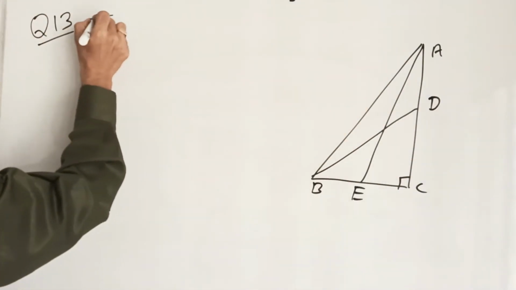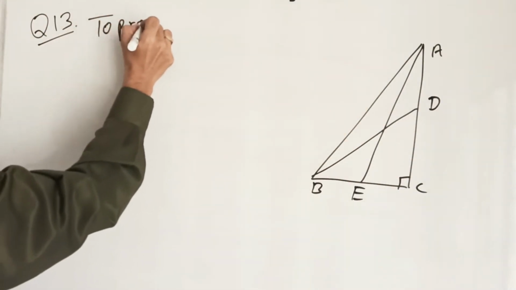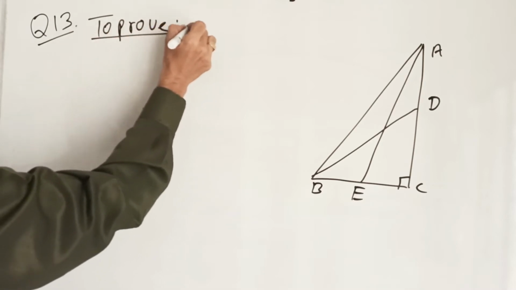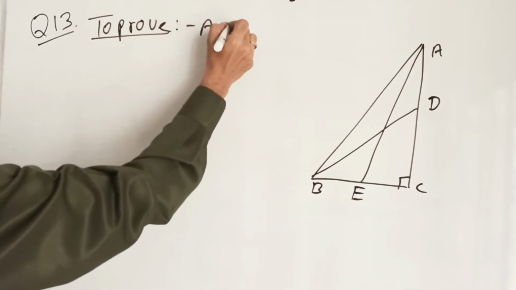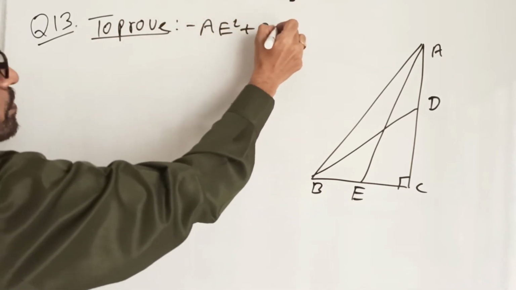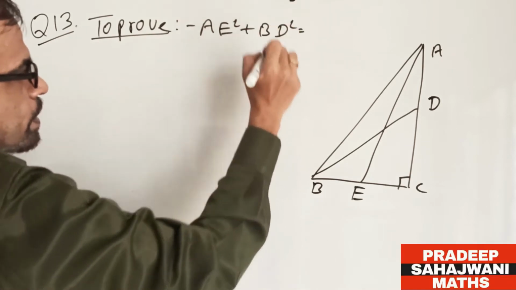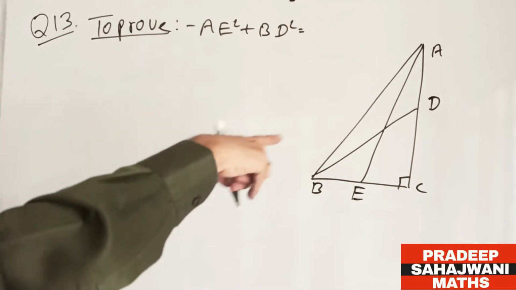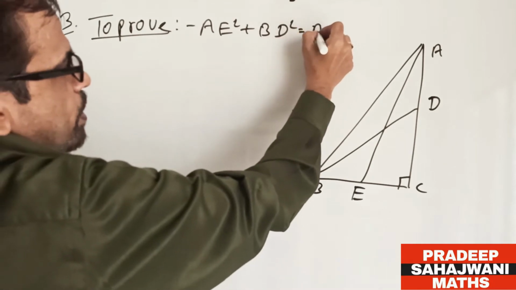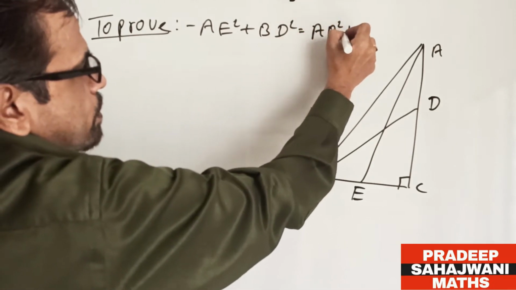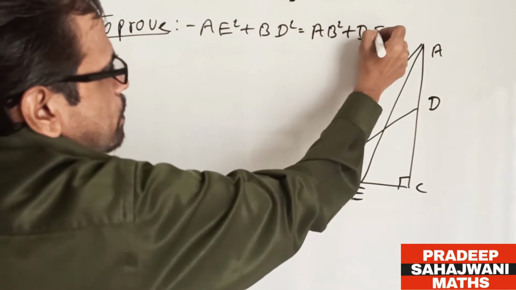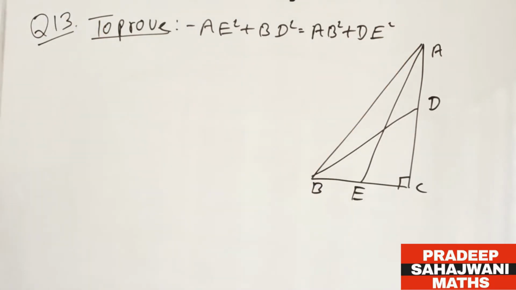So to prove AE square plus BD square is equal to AB square plus DE square. So that's why we joined these points.